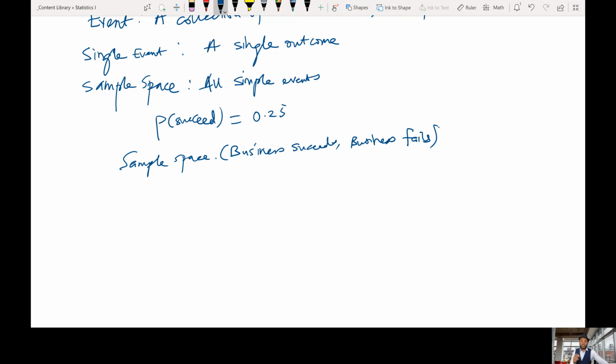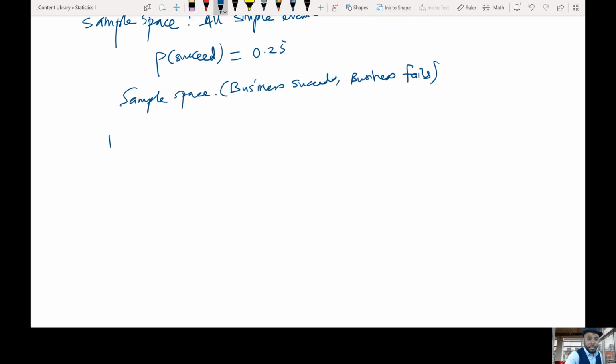Let's say the chance of a new hire quitting within the first month on the job, so the probability that a new hire quits within the first month of a job is equal to 0.10. What is the experiment here? The experiment here is that an employee is hired and begins work.